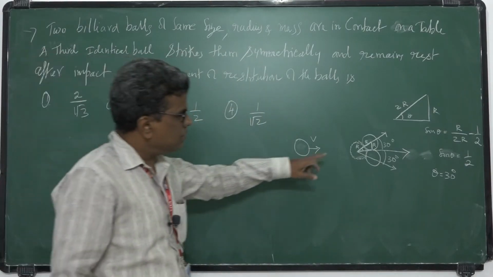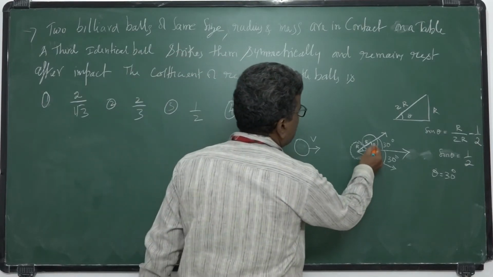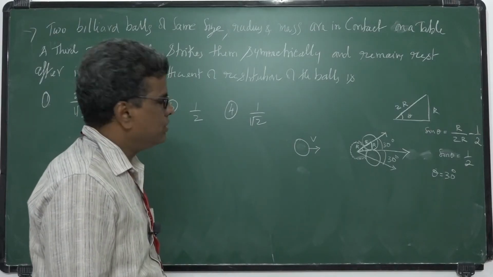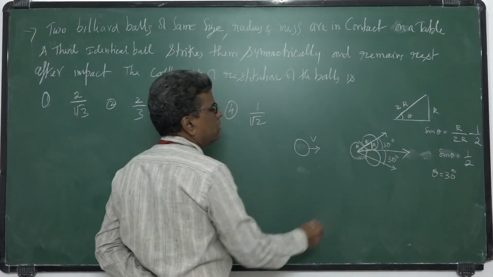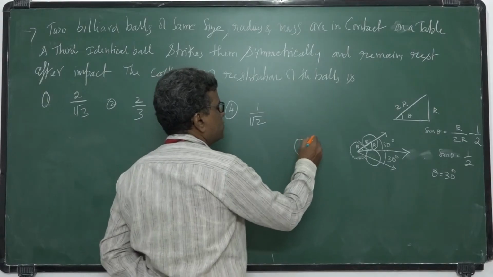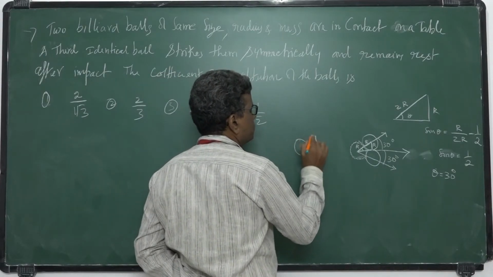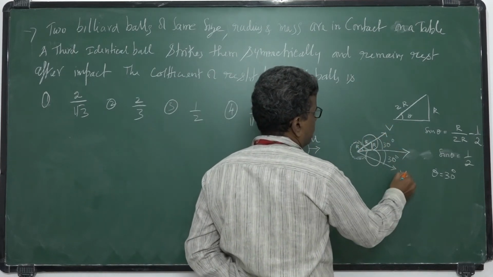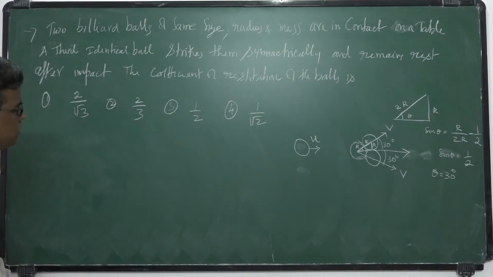Since the impulse on both the spheres is equal, the speeds are also equal after collision. So what is the speed of this one after collision? Before collision I assumed it as u, and after collision I assume it as v. So v be the velocities of the colliding bodies after collision.